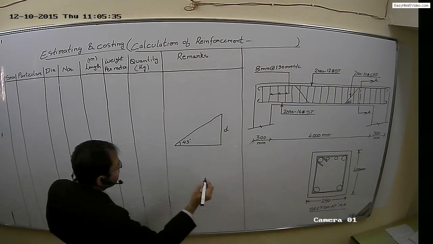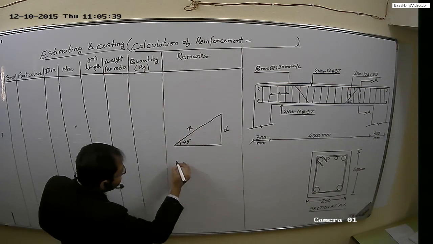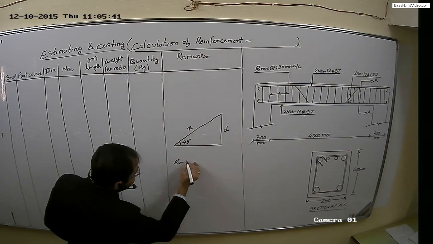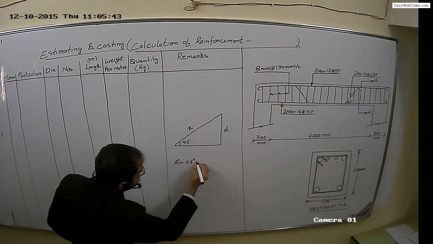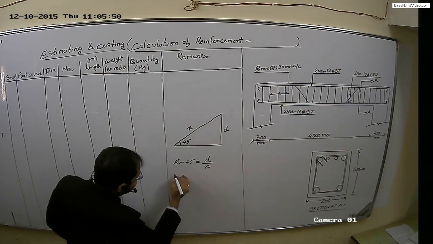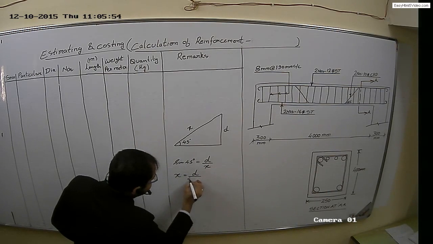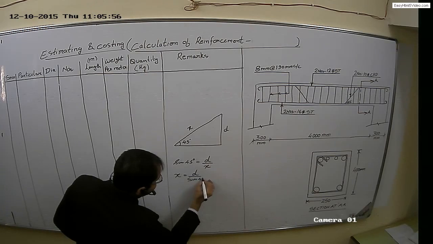Then we can calculate this side X by sine 45 degree is equal to perpendicular, which is D, and the hypotenuse, which is X. So X can be calculated as D divided by sine 45 degree.